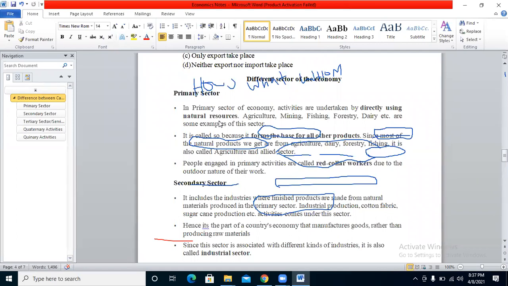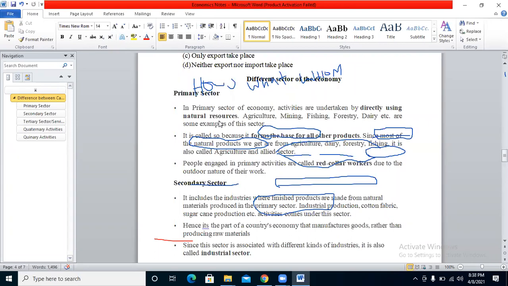Almost all underdeveloped countries are dependent on primary activities. Primary activities include agriculture, mining, fishing, forestry, and dairy. These are a few examples of the primary sector.